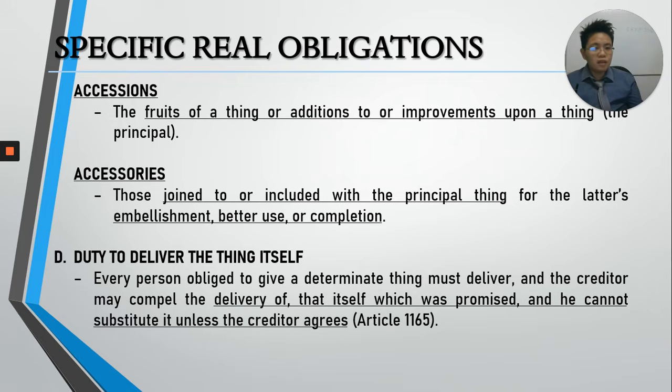So the creditor can insist on the delivery of what was agreed upon. Also, remember, the creditor cannot ask for a different thing, and the debtor cannot substitute the thing promised. So that is what we remember.